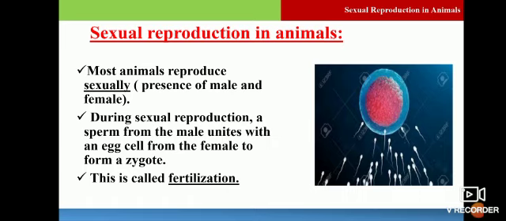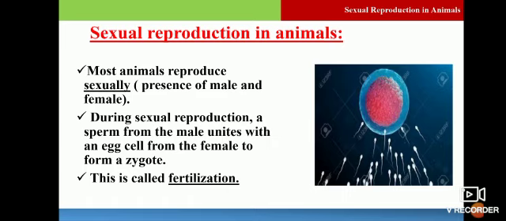So, during sexual reproduction, the sperm from the male will unite with the egg, which is the ovum, from the female to produce the zygote. This is the process called fertilization. So fertilization needs the presence of both male and female. The male will produce the sperm and the female will produce the ovum.